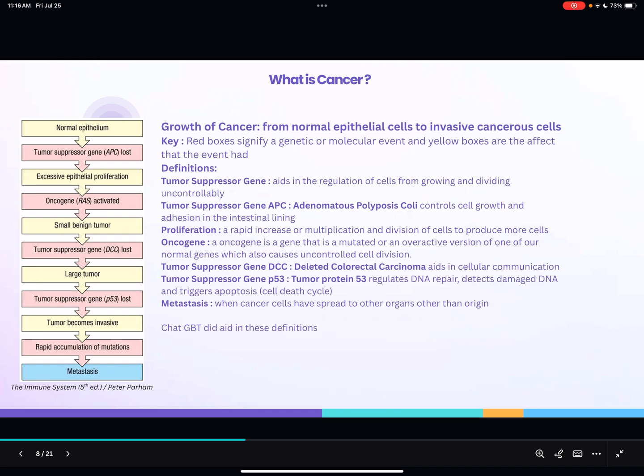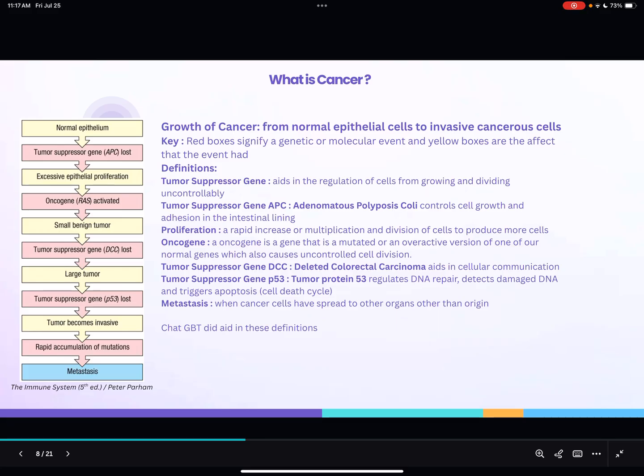If all of those signaling are lost, it's going to become very invasive, and rapid accumulation of mutations are going to occur, and then metastasis, which is basically when the cancer cells spread to other organs other than the origin.